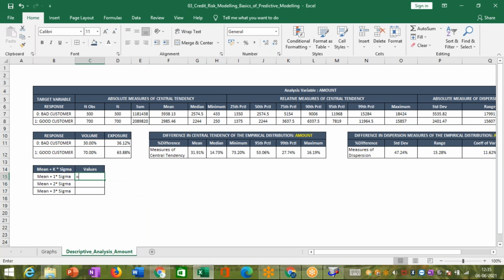Okay, so let me just start off. So what is the mean over here? The mean is this. Plus 1 star sigma, where sigma is your standard deviation.